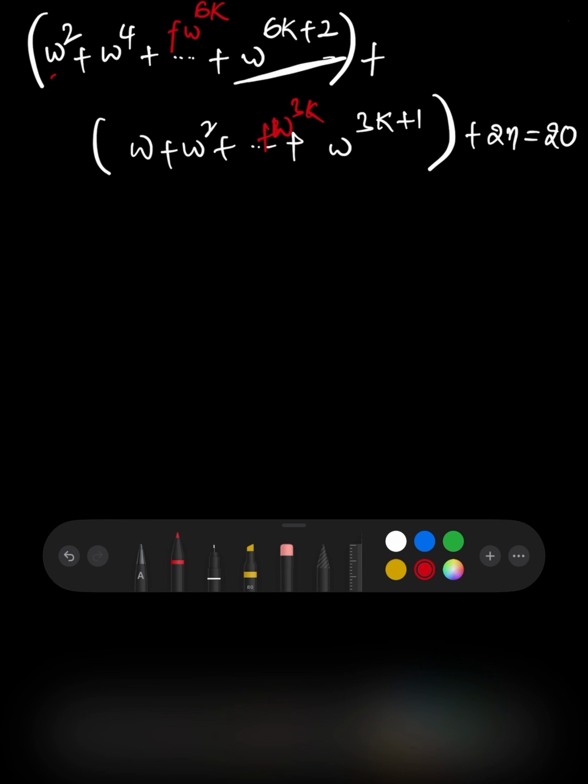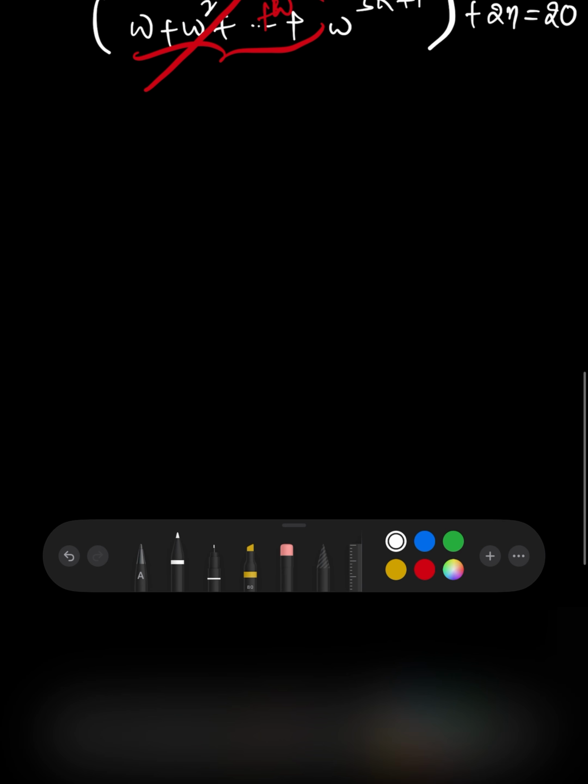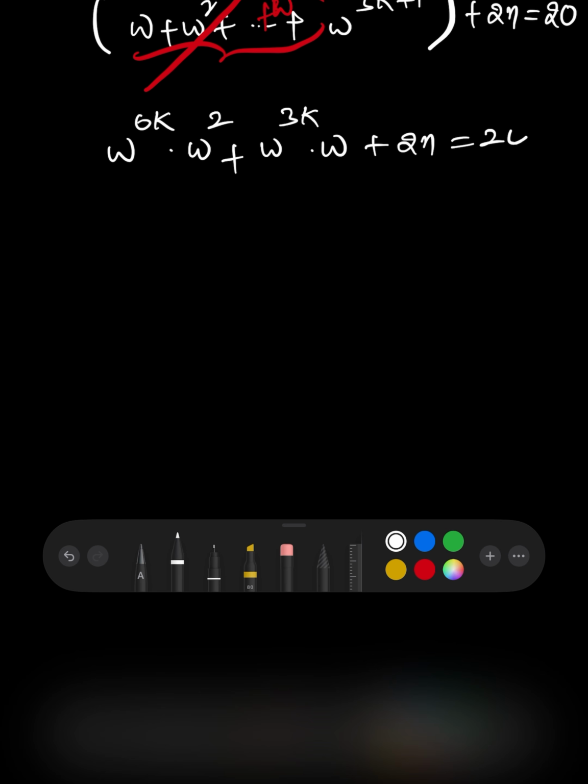So clearly up to this we know that this value will become 0, and up to this value also will become 0. Now coming to the remaining values, omega power 6k plus 2 is nothing but omega power 6k into omega square, plus omega power 3k into omega, plus 2n equals 20. Now this value is nothing but 1, and this is nothing but 1.